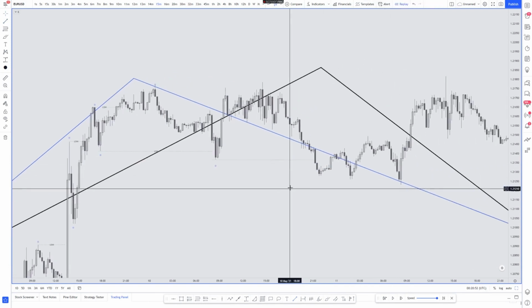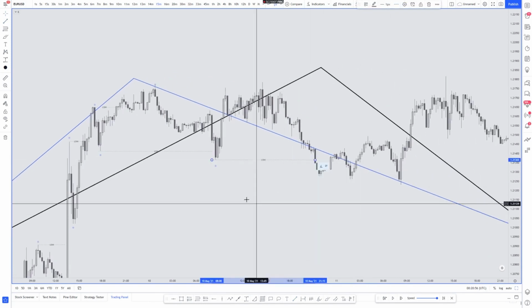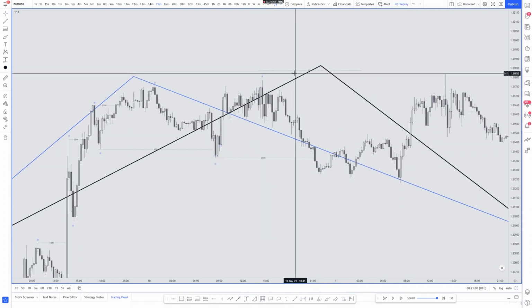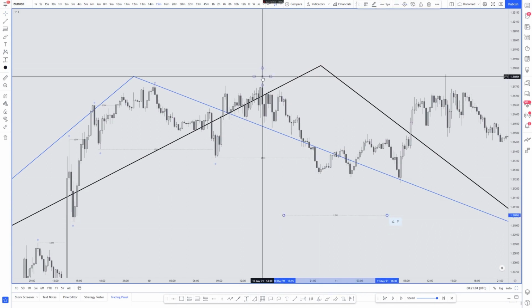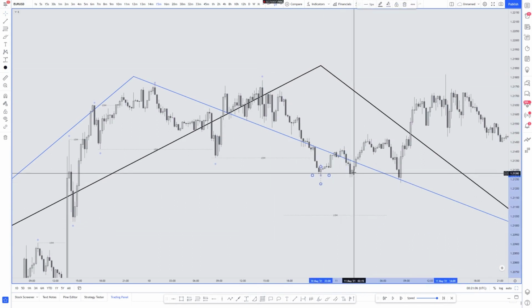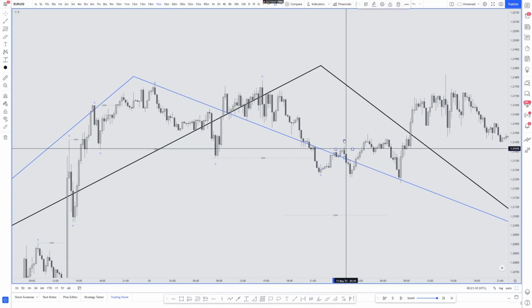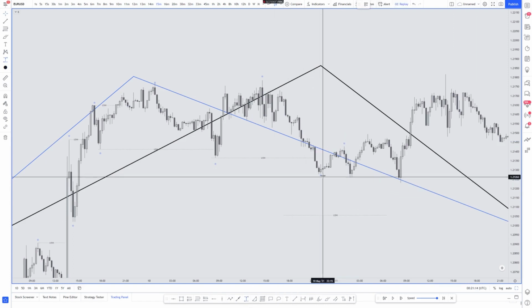Alright, so once again we turn bearish here. We have a high. We have another low. And we do have a bit of a pullback here. Don't love this pullback.